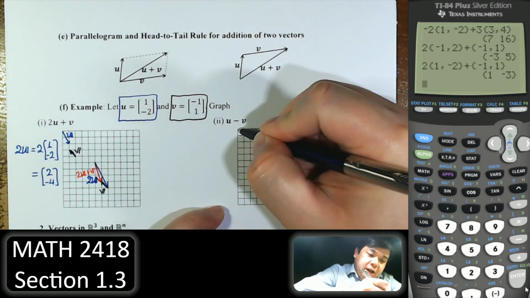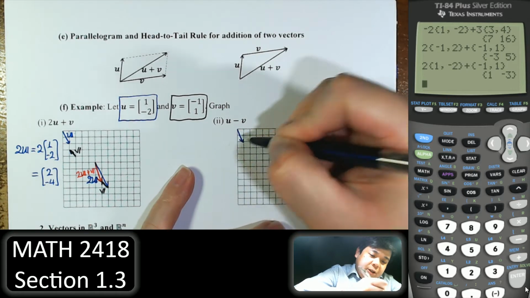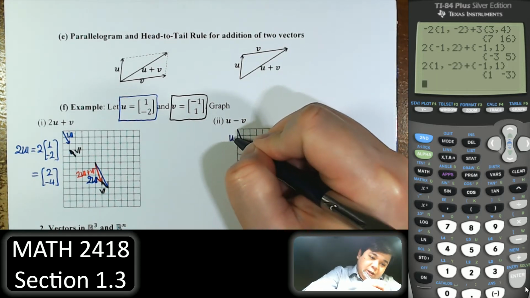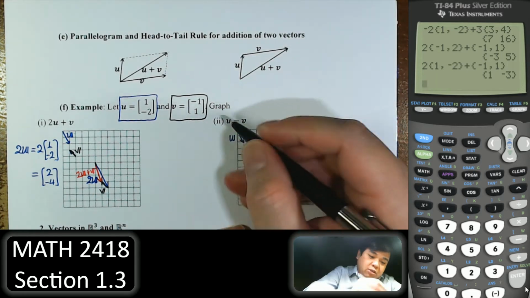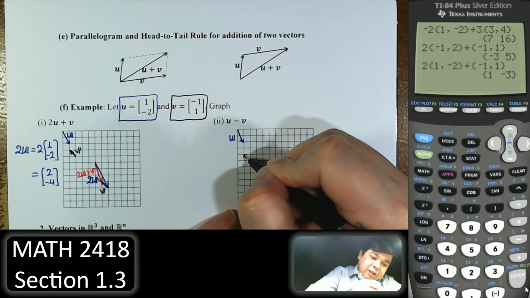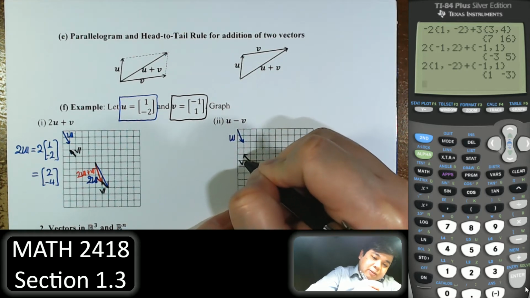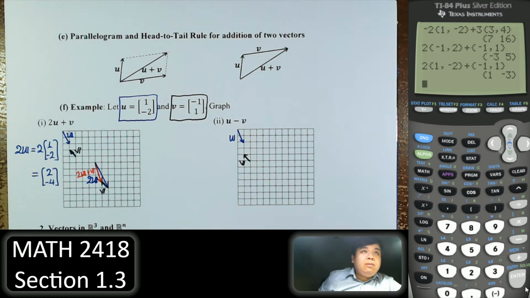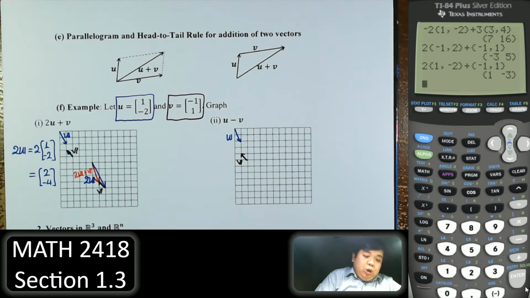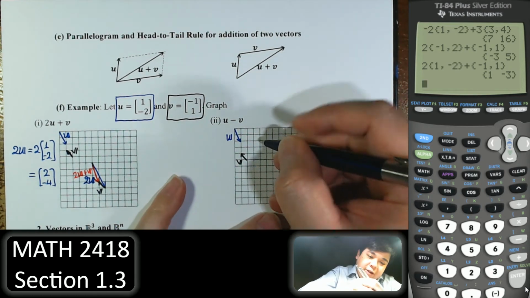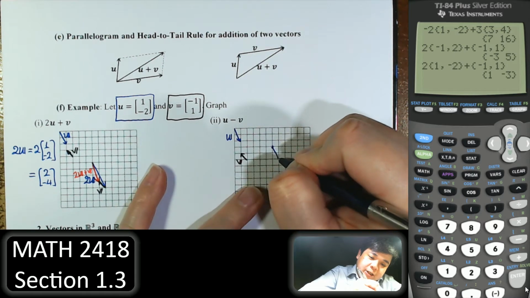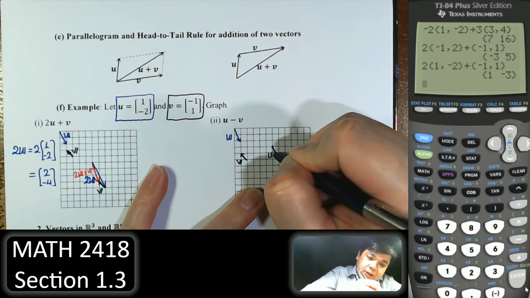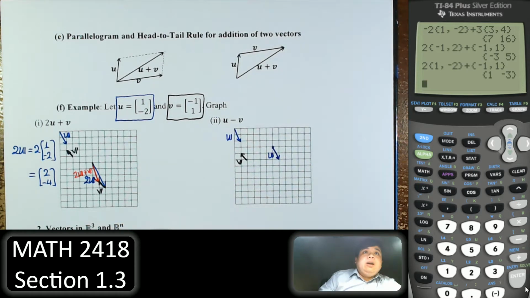Right, next, u minus v. So we have once again vector u and vector v. I just draw that anywhere. And then u minus v. So I have vector u first, and the negative v will be opposite to v.